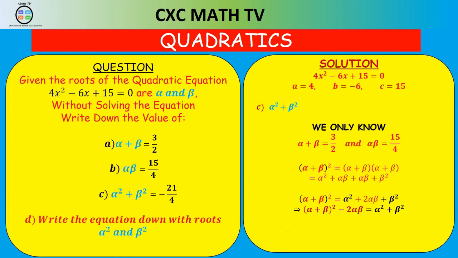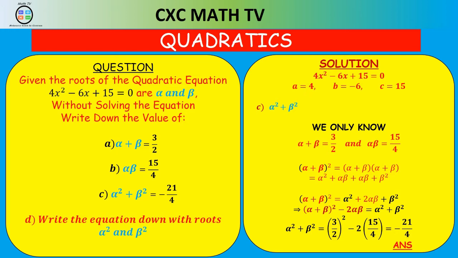And we're just going to square it. Minus 2 times, we know what alpha times beta is. That's 15 over 4. Substituting those into the equation and putting it in our calculator, we get negative 21 over 4. And so alpha squared plus beta squared is negative 21 over 4. And that is how you would do part C.